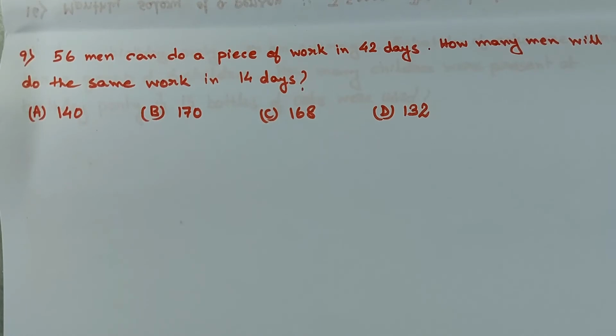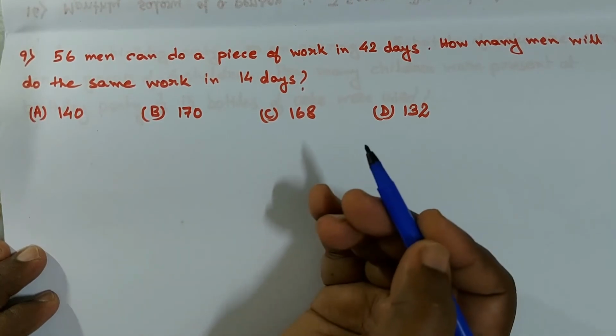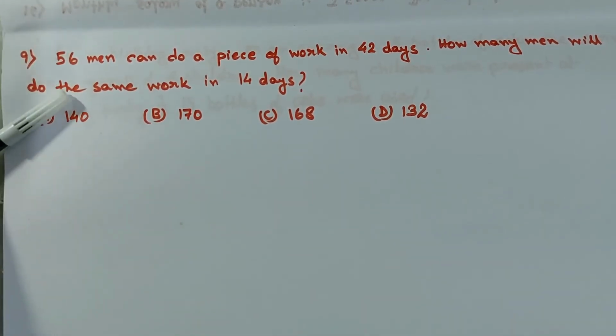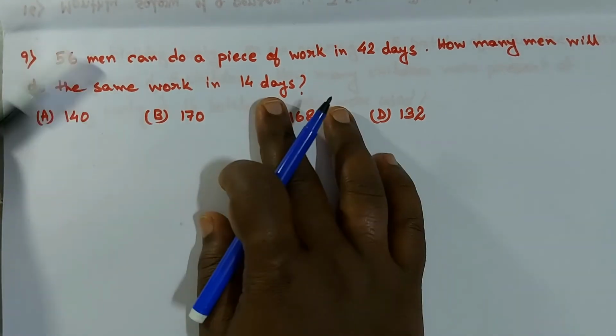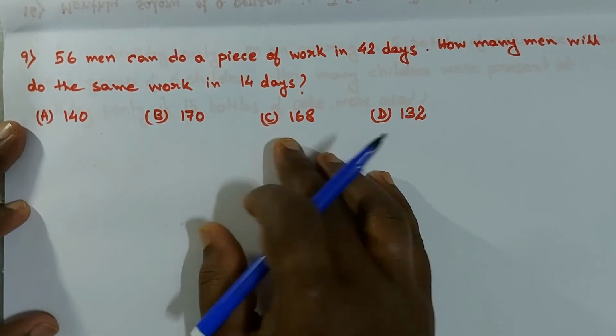So it will be half then. So if the number of men is increased, the number of days decreases. If one is increased and the other is decreased, then that is in inverse proportion. And if both are increased or both are decreasing, then they will be in direct proportion.